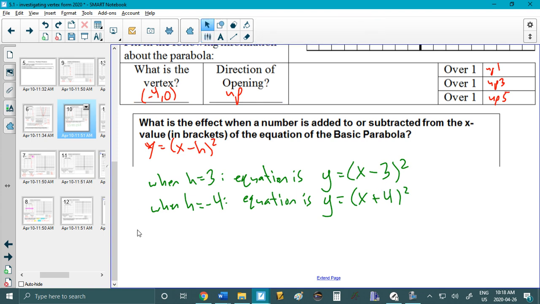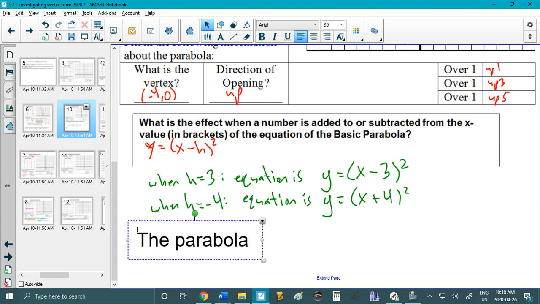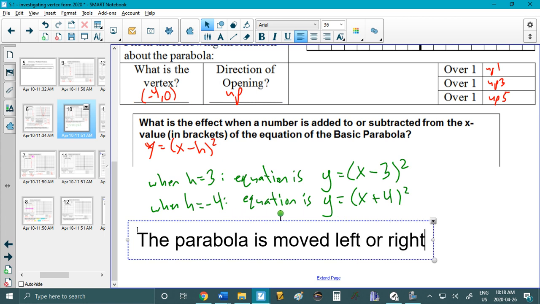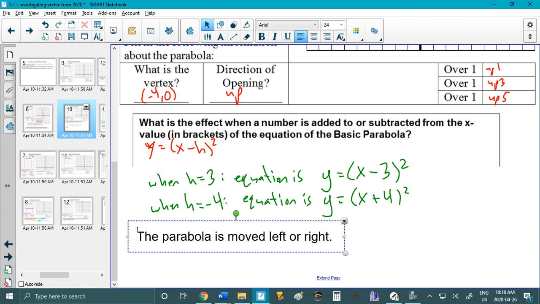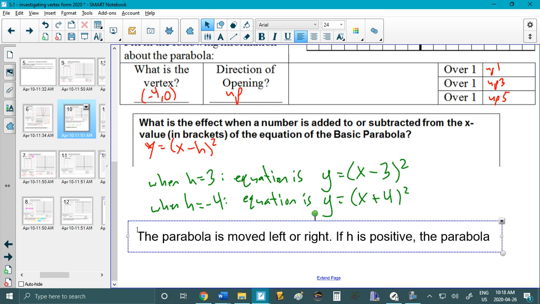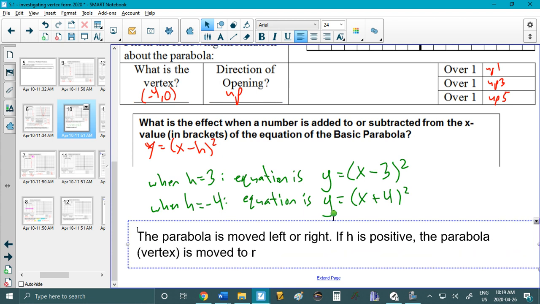So what I'm going to say here is the parabola is moved left or right. Okay, and then there's the examples above. So if h is positive, the parabola, or the vertex of the parabola, same thing, is moved to the right.